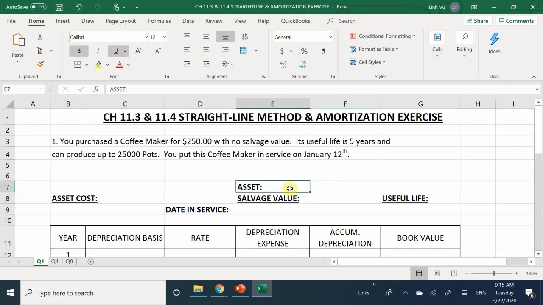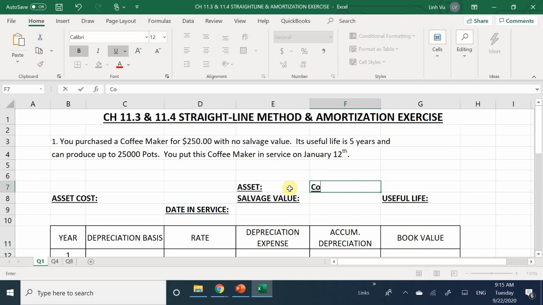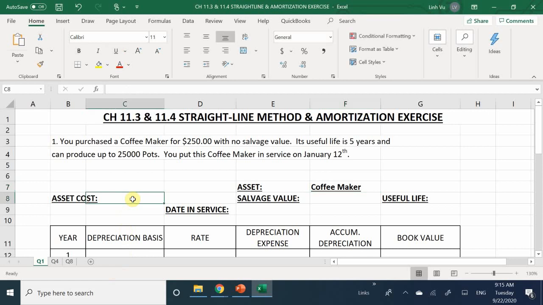What is our asset? It's a coffee maker. What does the asset cost me? $250.